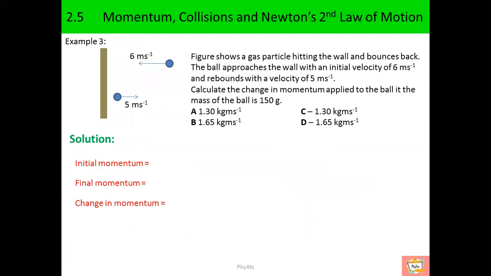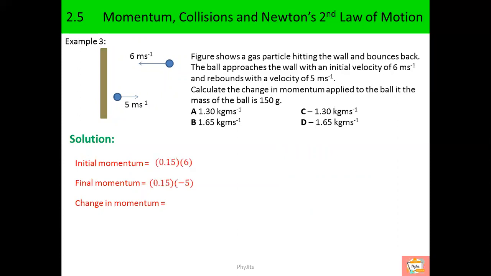So you can have particles hitting the wall, creating pressure. Again, when discussing pressure, you must also mention change in momentum. When a particle moves towards the wall, it has a certain speed. When it moves away from the wall, it has another speed. Important here is that momentum equals mass times velocity, so velocity is very important. If you're moving to the left, we assume positive, and to the right means negative.